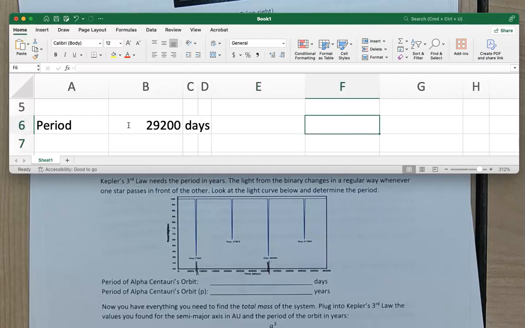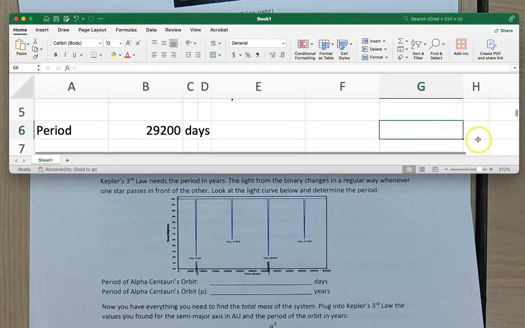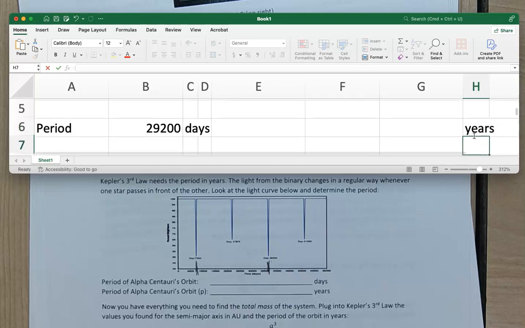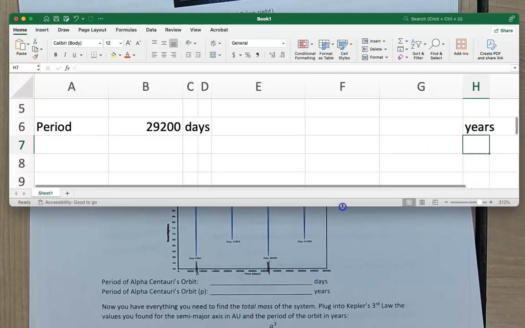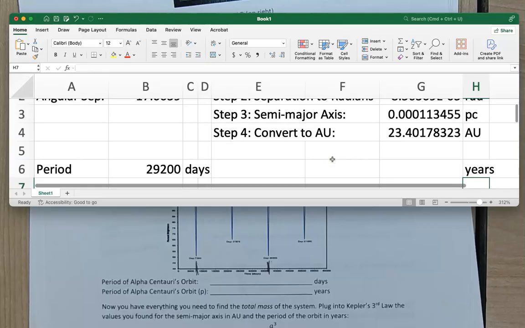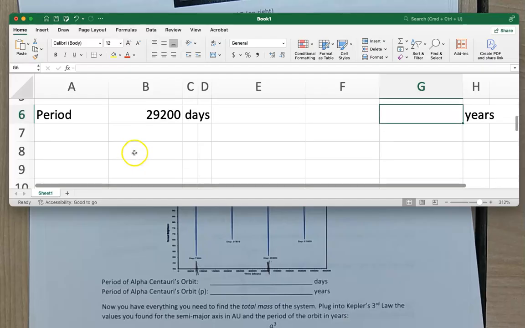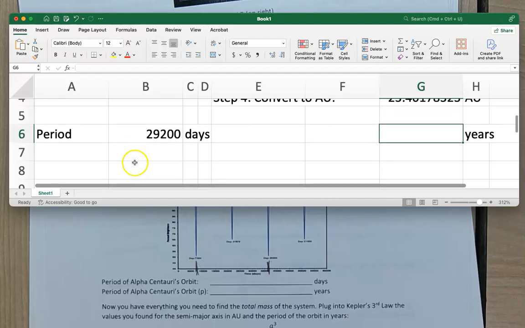But what is that in years? We want that in years. So, okay, I'm putting my numbers here. Let me get these to line up nicely to make my life a little bit easier. All I need to do is convert this period from days into years.